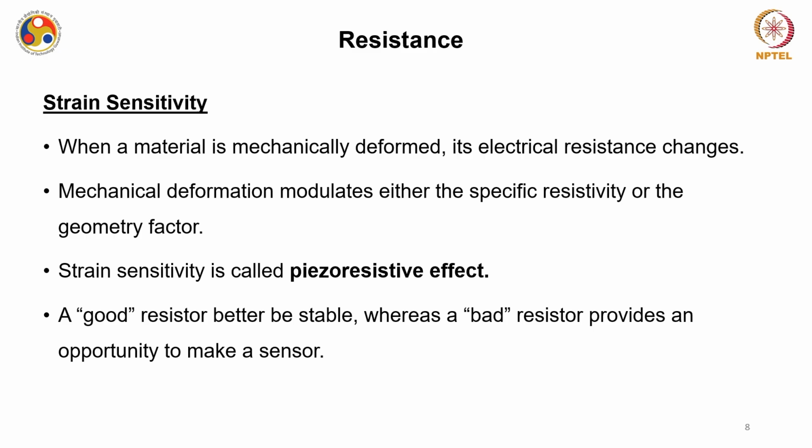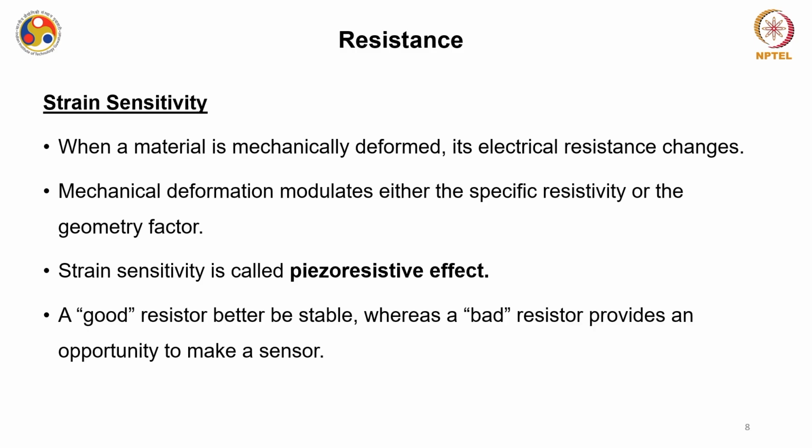Mechanical deformation modulates either the specific resistivity or the geometry factor of the material, okay. So strain sensitivity is basically known as the piezoresistive effect, okay. So we are not studying piezoresistivity separately, but we are discussing this under the heading of resistance, but we will discuss some sensors which are based on the piezoresistive principle in this course, okay, in module 5 or 6, okay.